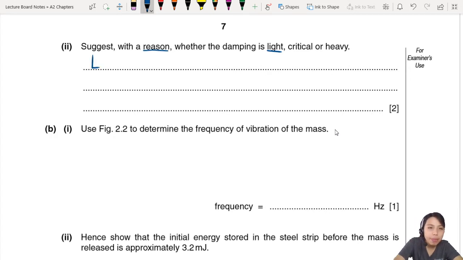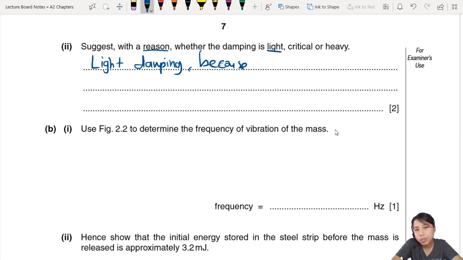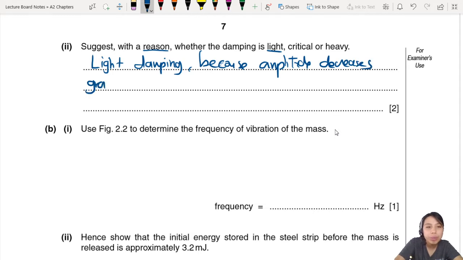So I will say light damping as my choice. And I must give a reason. Many oscillations, amplitude decreases gradually. So I'm going to say that because amplitude decreases gradually. Gradually means slowly. It's not suddenly the amplitude becomes 0.